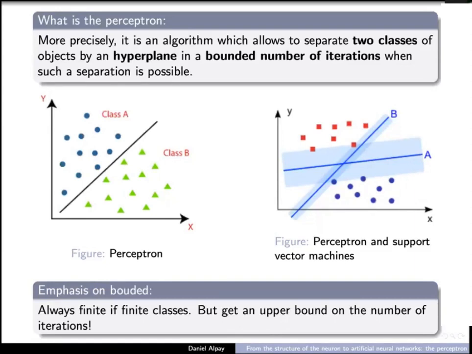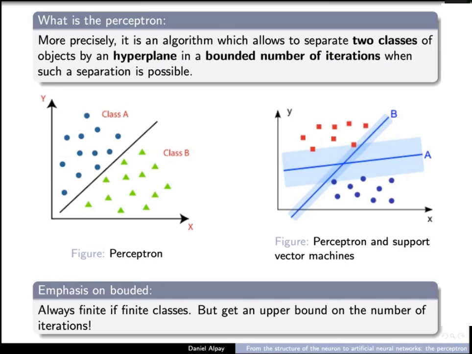Of course, you can look at cases where it will be unique, but in general, it will not be unique. And the perceptron algorithm, which you will see in the sequel, allows you to find a hyperplane in a bounded number of iterations. If you start with finite classes, whatever you do, it will always be finite.